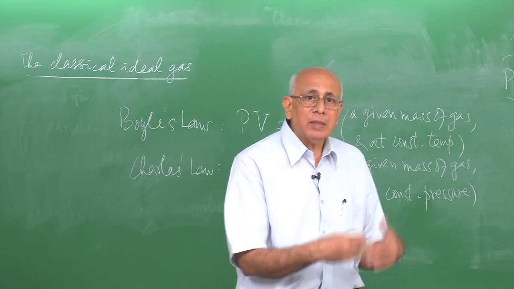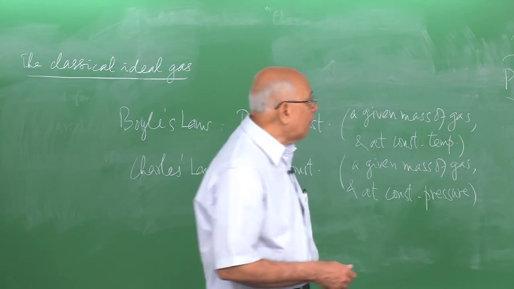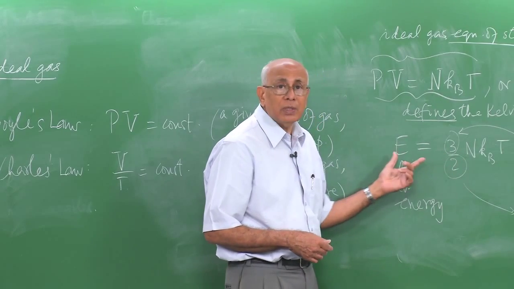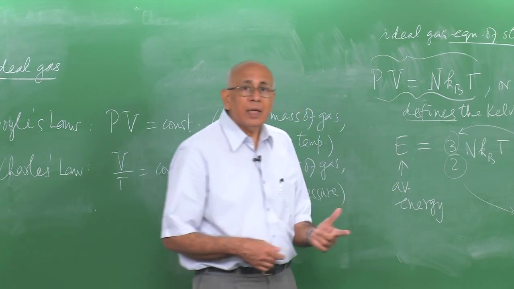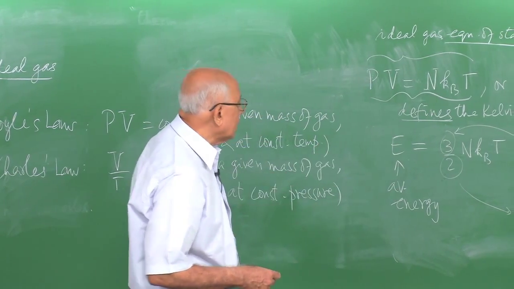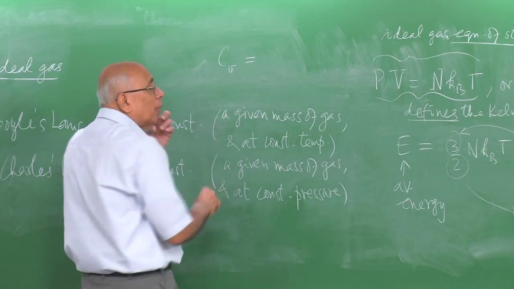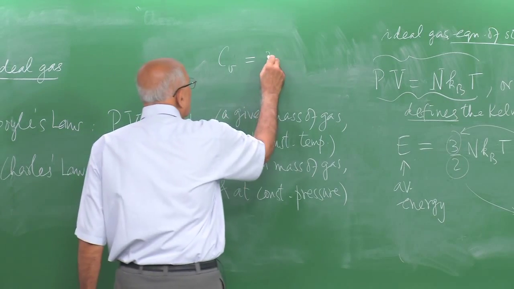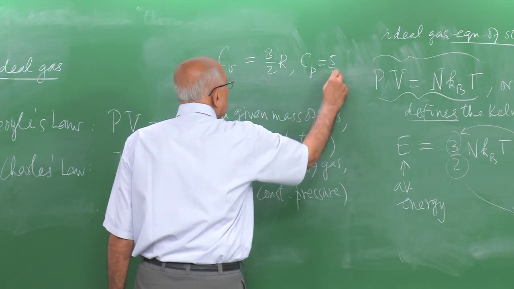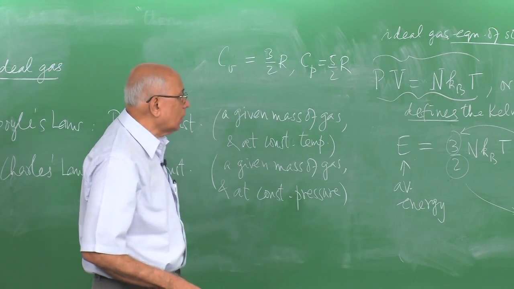You have to tell me what the specific heat of the system is at constant volume or constant pressure or otherwise in most cases. But the fact that in the ideal gas situation alone we can actually write an explicit expression down for this energy tells us that we can write down what the specific heat also is, and that is why, as you are all aware, in elementary treatments of thermodynamics we have the statement that the specific heat per mole of the gas at constant volume is 3/2 R, and at constant pressure it is 5/2 R for a monatomic classical ideal gas, 1 mole of a monatomic ideal gas.